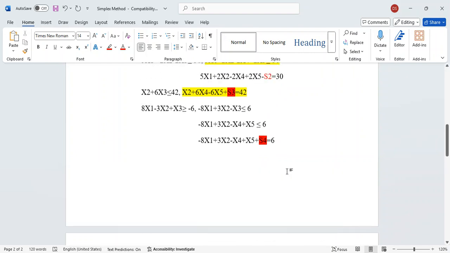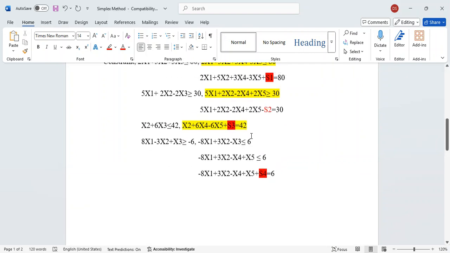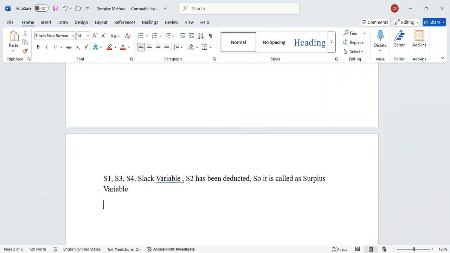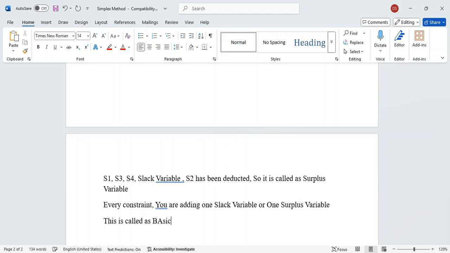One thing you have to mark: in every constraint you are adding either one slack variable or one surplus variable. This is called a basic variable.